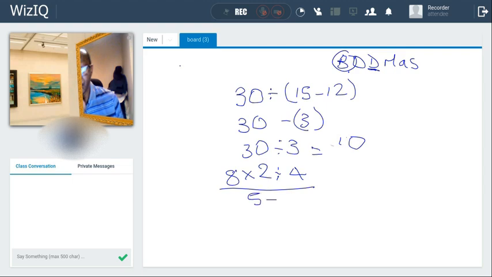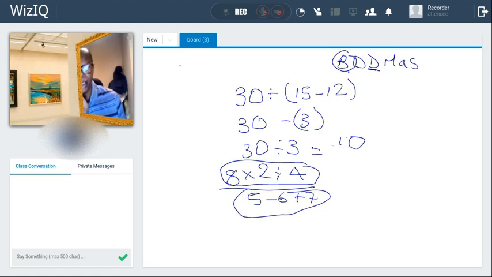I said you need to do the top on its own first and the bottom on its own. So this big line, which is over, should come last.